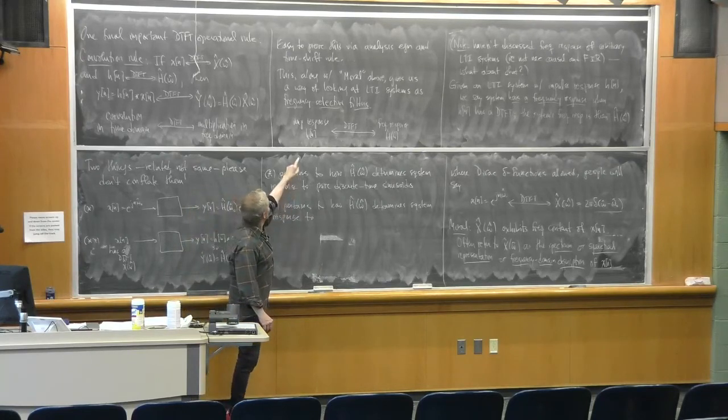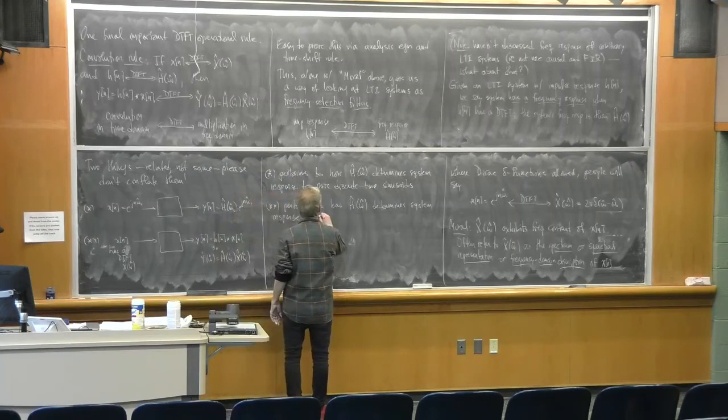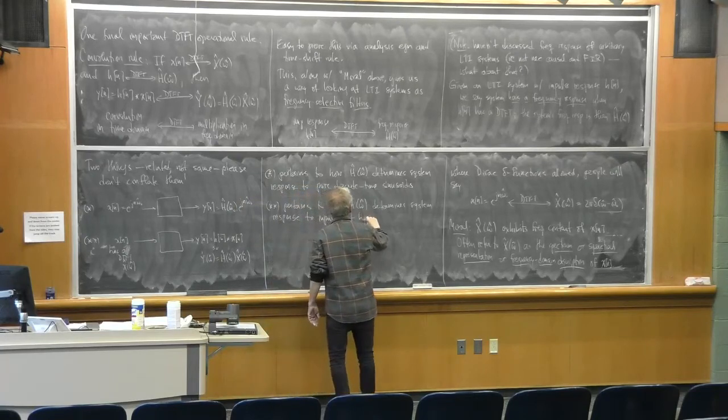Remember, in this class, e to the j n omega 0 hat does not have a DTFT. So, inputs that have DTFTs.